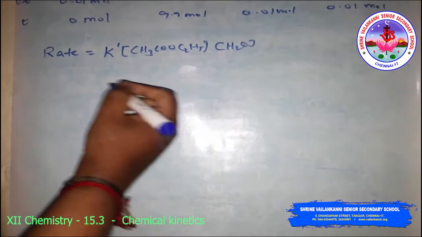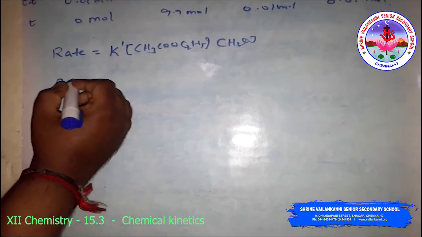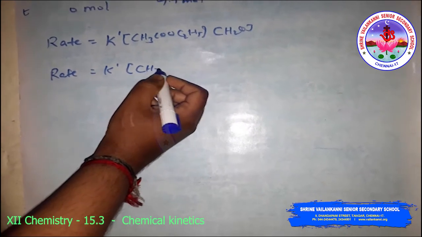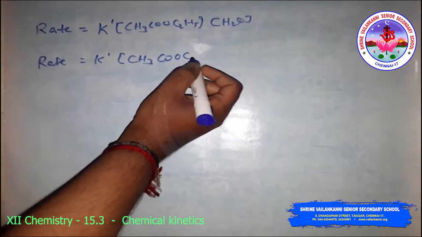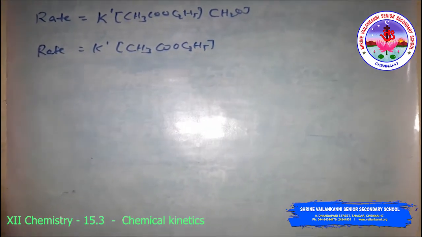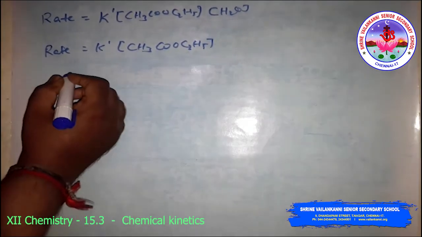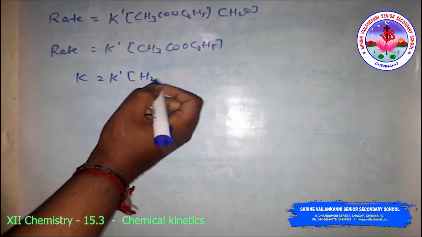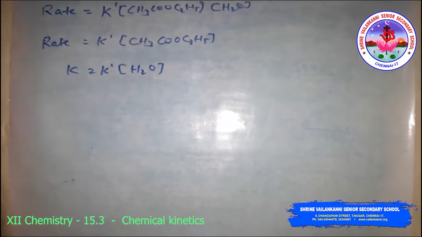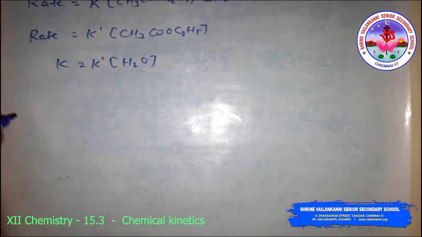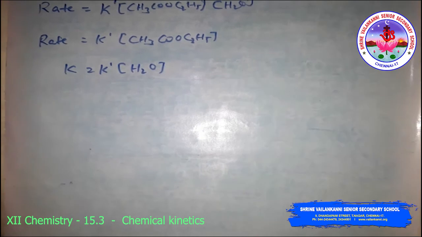So the equation becomes rate is equal to k into the concentration of ethyl acetate, where k is k dash into the concentration of water. The reaction behaves as first order. Such reactions are called pseudo first order reactions.